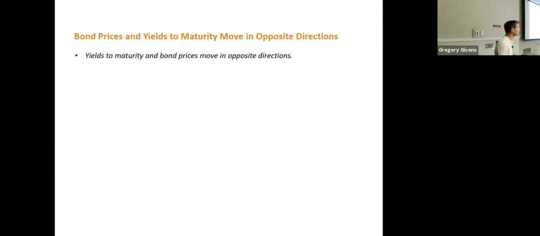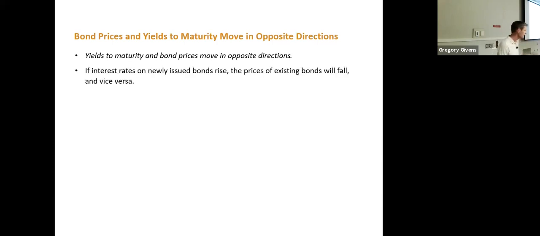As bond prices go up, interest rates or yields to maturity have to go down. As bond prices go down, yields to maturity are going to rise. Okay, so interest rates and bond prices always move in opposite directions. Now that's pretty easy to think about when you look directly at the present value formula, right?